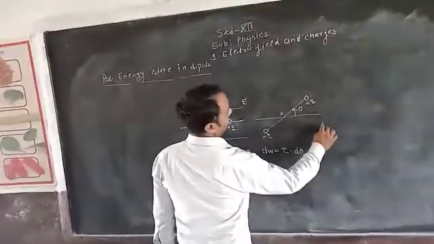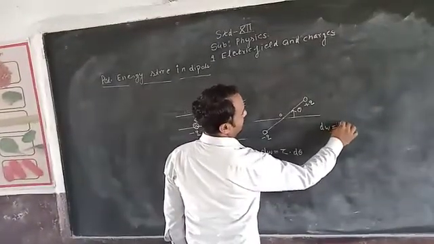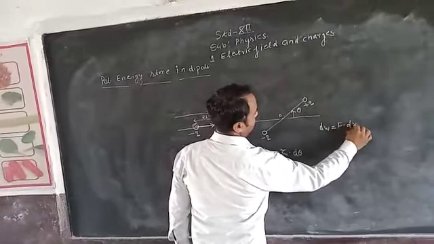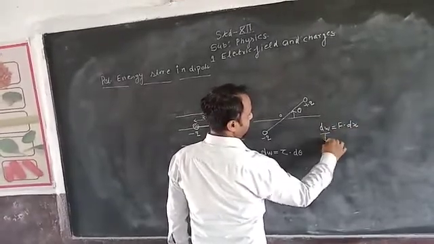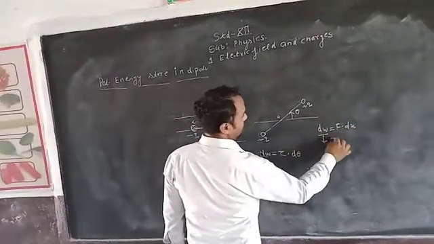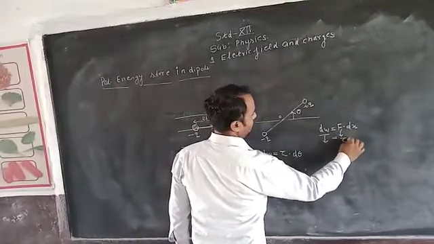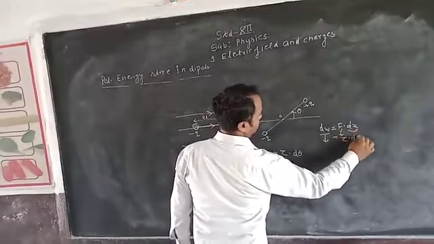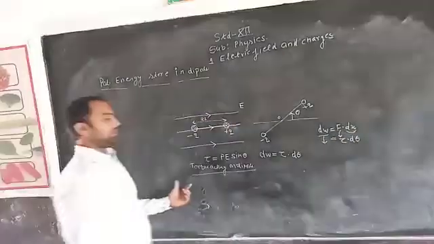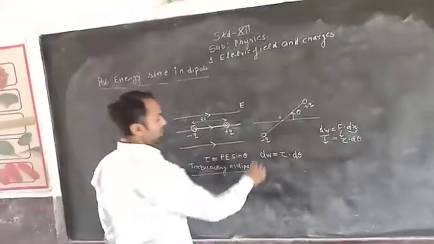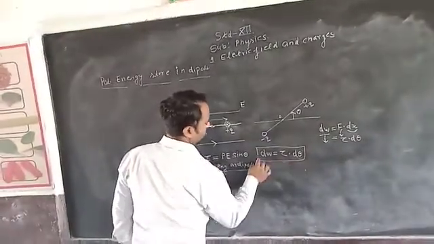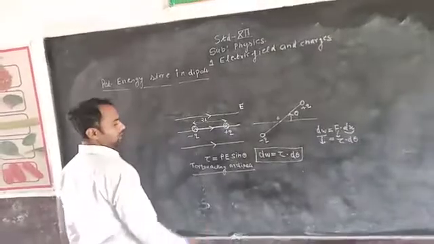The work done formula for linear quantities is F dx, and here for the torsional case, force is replaced by torque, and linear displacement is replaced by angular displacement. So here the formula for the work done is equal to tau into d theta.